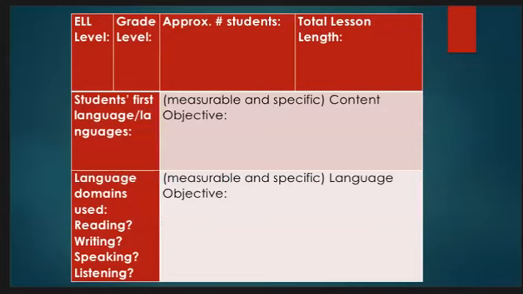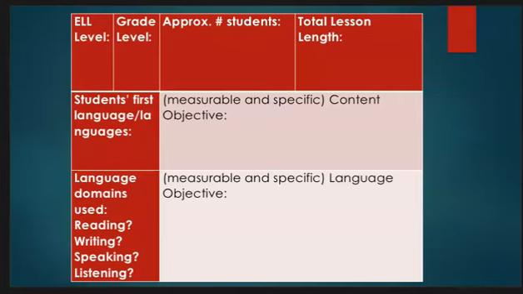So let's go over the lesson plan template that you're going to be using for your final project. It looks a little bit different in this table on the screen now, but these are the same elements that you need to include in your lesson plan for your final project. So the ELL level, again, refer to those WIDA can-do descriptors, grade level, approximate number of students, total lesson length, students' first language or languages, and you might be guessing at those L1s if you don't have a class of your own that you're teaching right now.